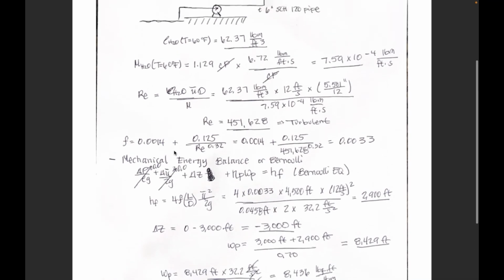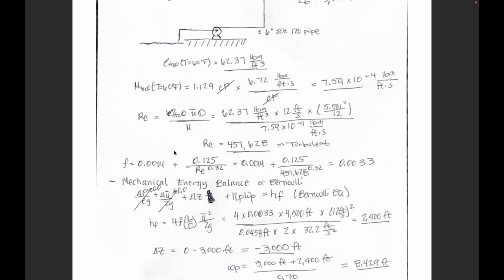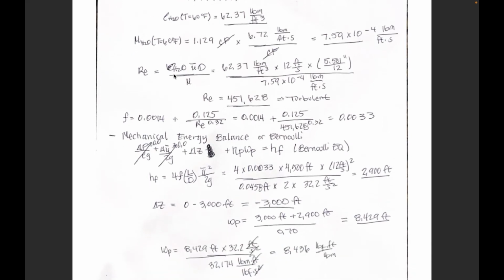And then we know that there's no change in diameter throughout the pipe, so that goes to zero. And now we're left with the height, and then the friction losses, and then the work of the pump.